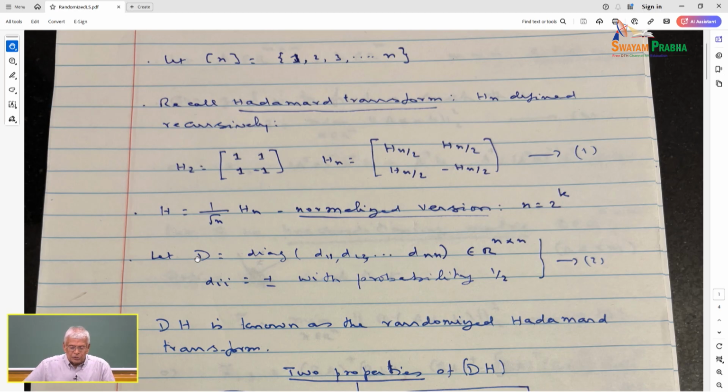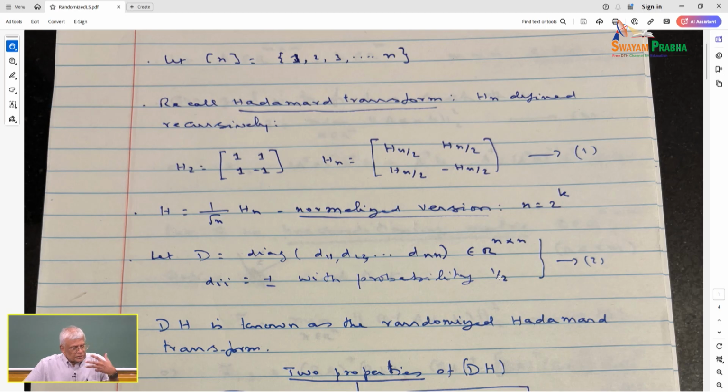Now, I am going to introduce another matrix. D is a diagonal matrix, D11, D22, and so on, with n diagonal elements as a square matrix. I am going to pick the ith diagonal element of this square matrix to be equal to plus or minus 1 with a probability half-half. So, H is not random, H is defined recursively, it is a deterministic matrix.